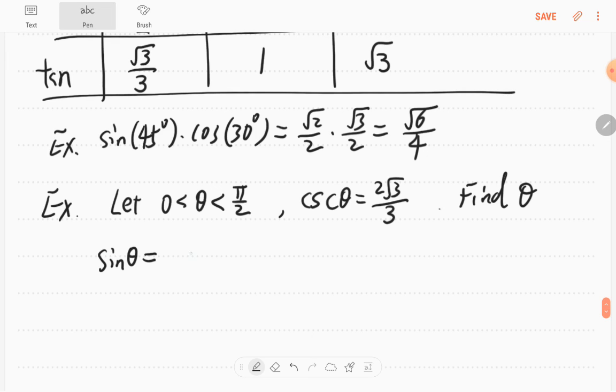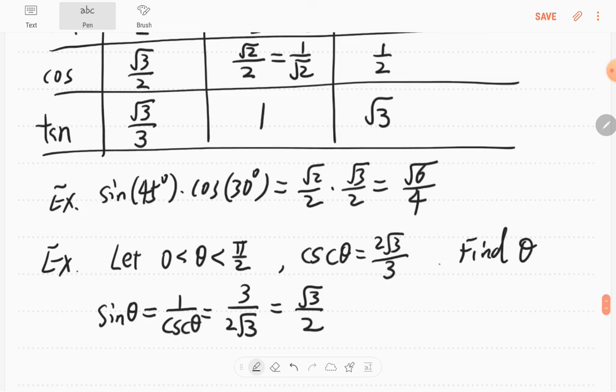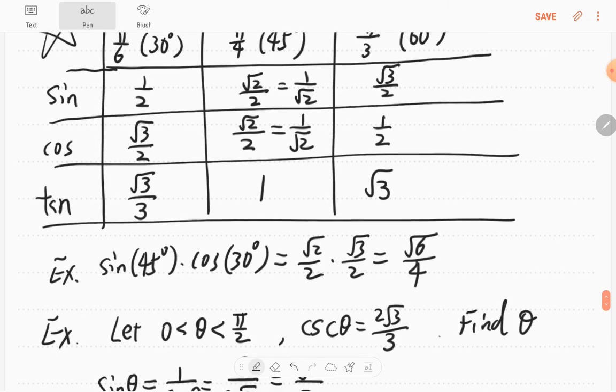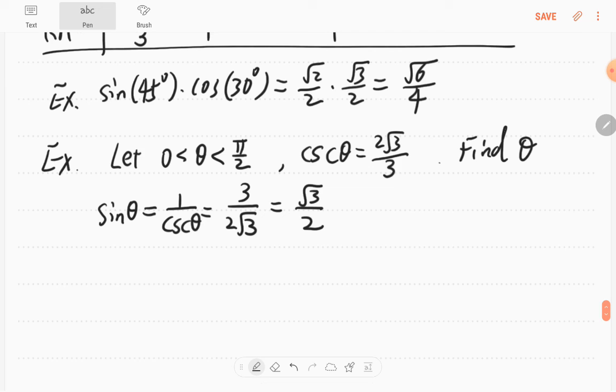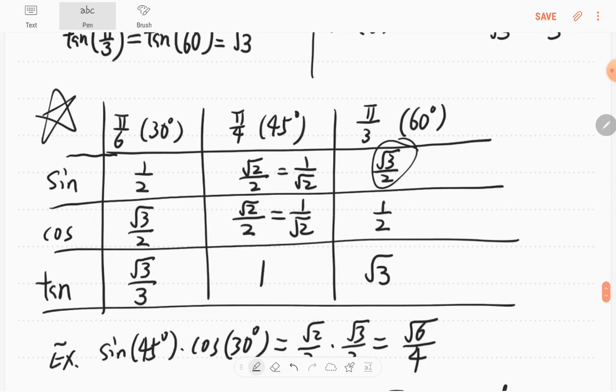Sine is equal to 1 over cosecant, which is 3 over 2 square root 3. If you simplify, it's square root 3 over 2. So square root 3 over 2 is sine of this one, right? So this is pi over 3, which is less than pi over 2, which implies that theta equals pi over 3. So anyway, you should memorize this table.